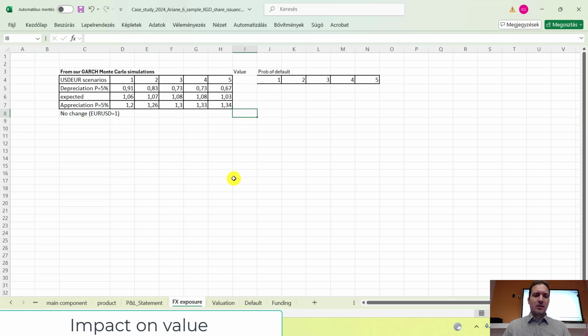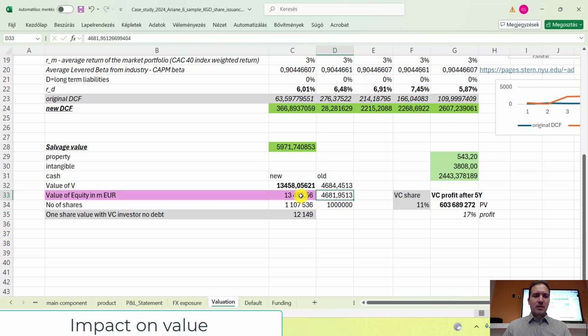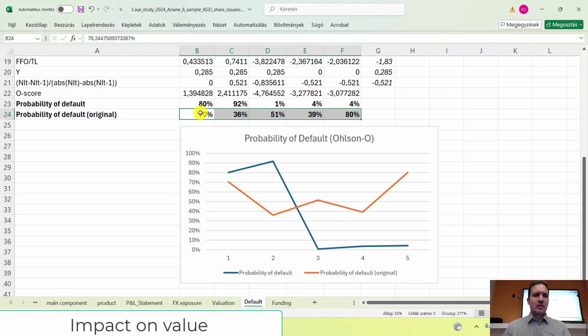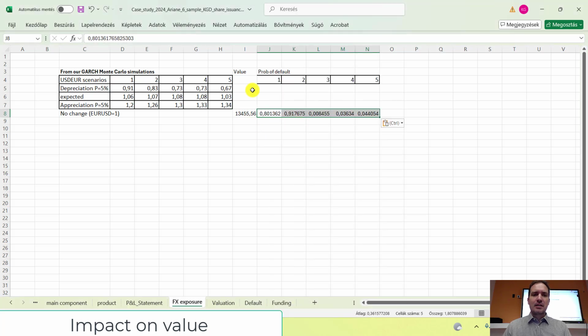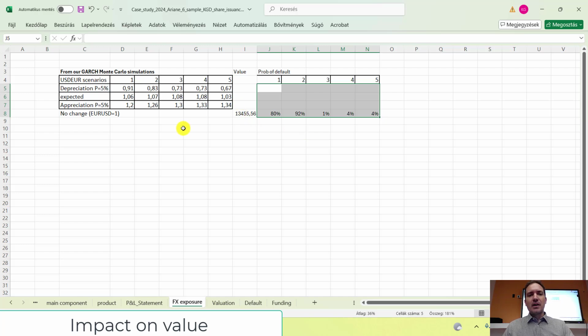This is the current scenario, so we can compare all the issues. Let's jump to the valuation, which is a nice amount of money, and also let's go for default, which are also really nice percentages. Maybe I'll teach it to use percentages. Yep, now we can start to play.